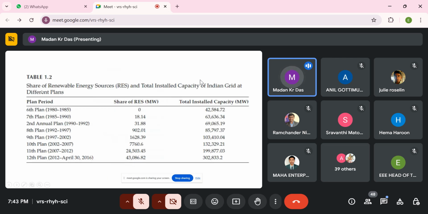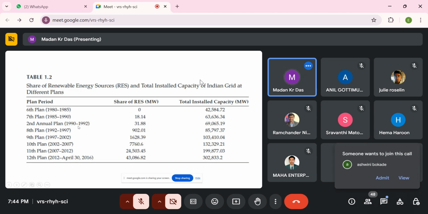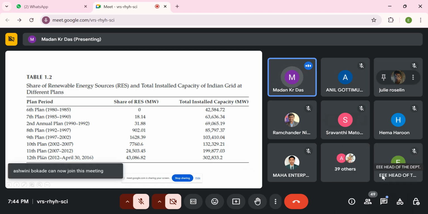And the share of renewable energy sources and total installed capacity in the Indian grid across the different plans. The sixth plan, 1980 to 85, had a capacity of 42,000. The seventh plan capacity is 63,000, and the annual plan 90 to 92 increased further. So with every plan, capacity has increased.